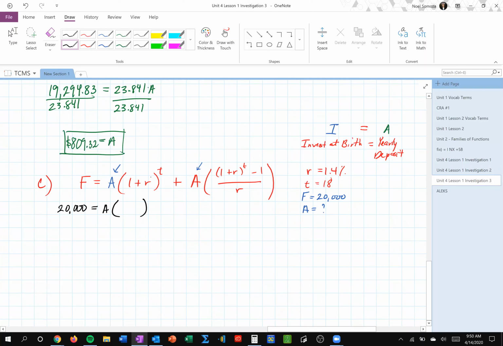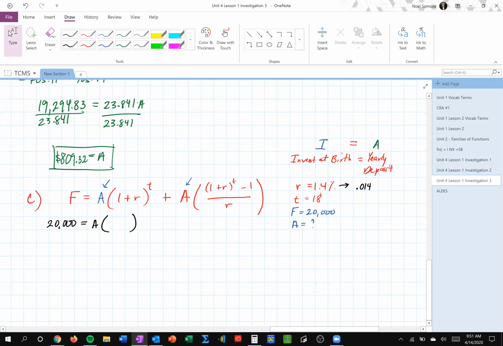This is 1 plus the rate. In this case, because we changed it to 1.4%, the rate as a decimal will be 0.014. If you add that plus 1, it'll be 1.014, to the power of t, which is the 18th.